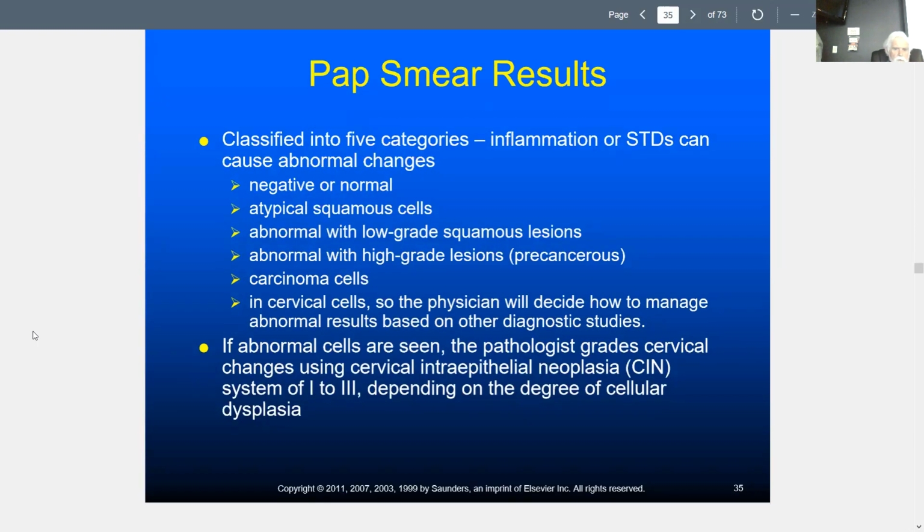So we have all sorts of results. And we have basically a number of categories here. And then this takes someone who really understands the disease to look at it. Then again, you need to understand the condition of the patient when you take the sample. Do they have an STD?